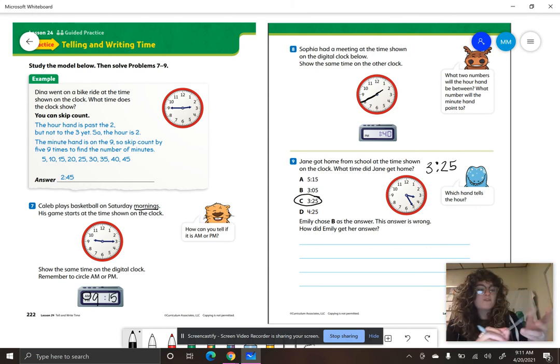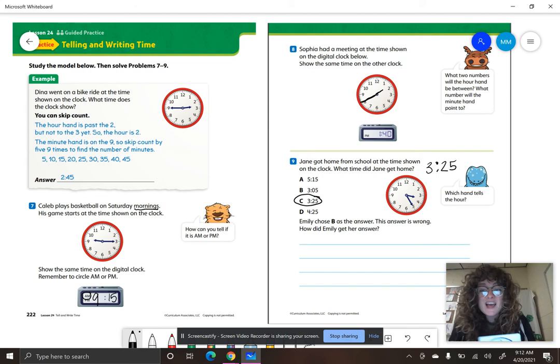We have to skip count by 5s because remember, each little line is a minute. So if we went back in time to 3 o'clock, each little line on that clock would be a minute. So 3:01, 3:02, 3:03, 3:04, 3:05. 3:06, 3:07, 3:08, 3:09, 3:10.